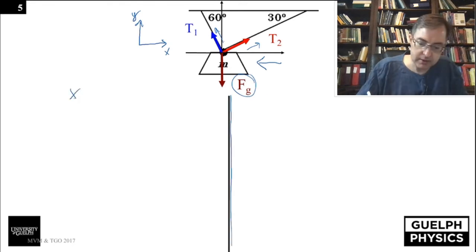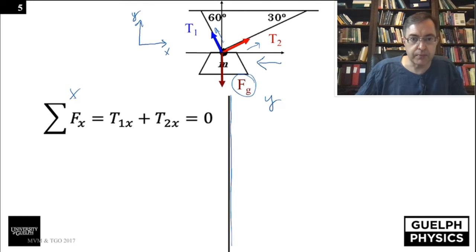This will be x and this will be y. So let's start in the x direction. In the x direction, gravity doesn't provide any force in the x direction, but T1 and T2 do. So the x component of force is the sum of the x component of T1 plus the x component of T2.